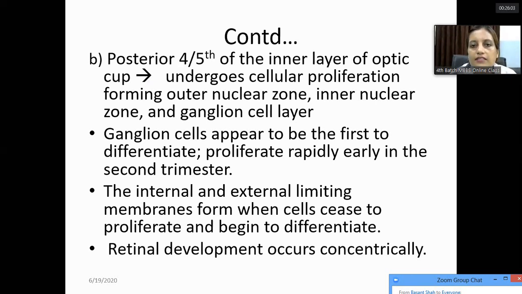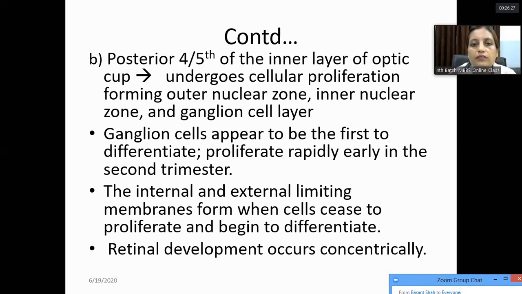The ganglion cells appear to be the first to differentiate and proliferate rapidly, only in the second trimester. And the internal and external limiting membranes form when the cells cease to proliferate and begin to differentiate. These internal and external limiting membranes are part of the 10 layers of the retina.